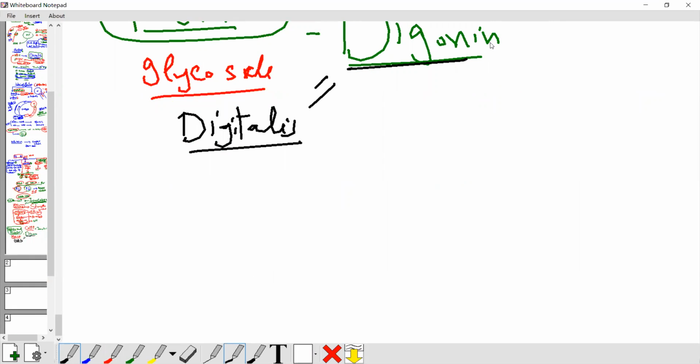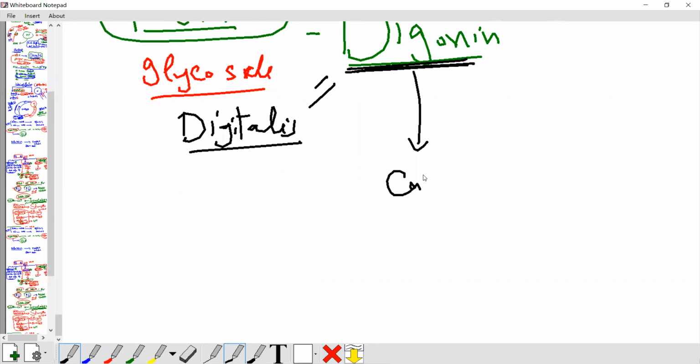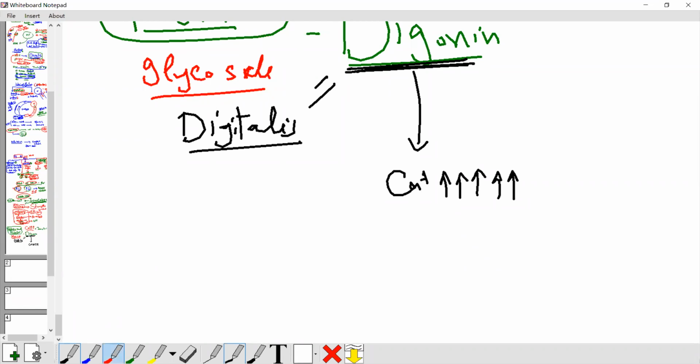So we use it, but the problem with digoxin is very important here. What are the side effects of digoxin? Digoxin increases calcium inside the cardiac muscle and increases contractility. What's the problem with this drug?